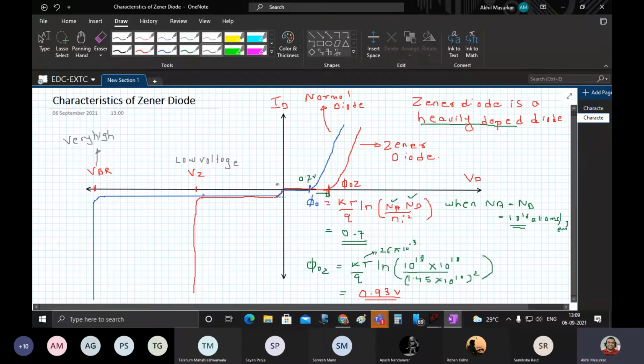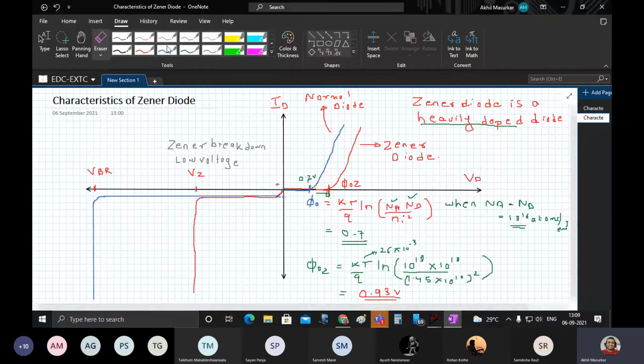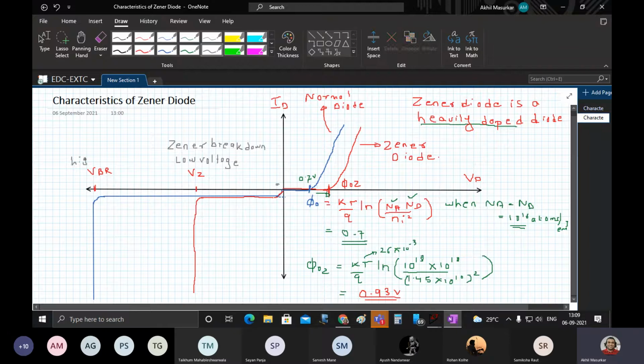This is your 0. This is also called Zener breakdown, and generally this is at high voltage and is called avalanche breakdown. Avalanche, as the name suggests.